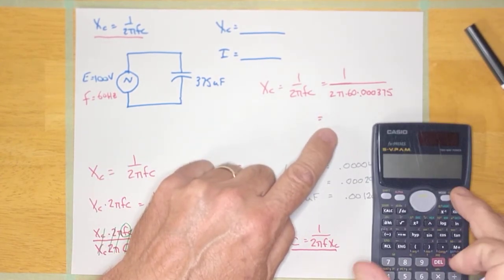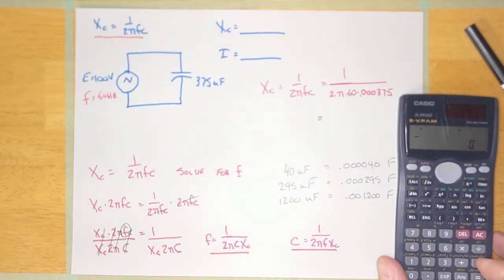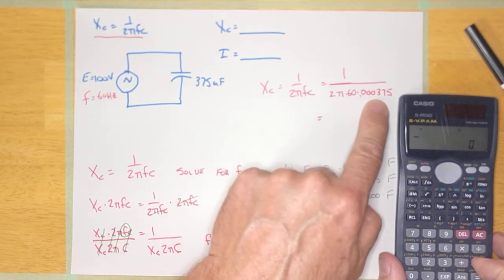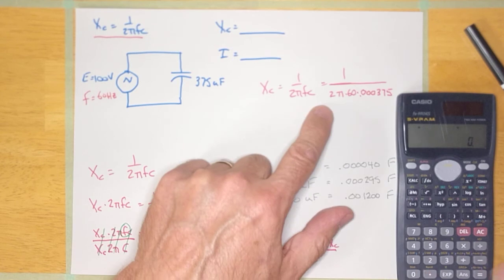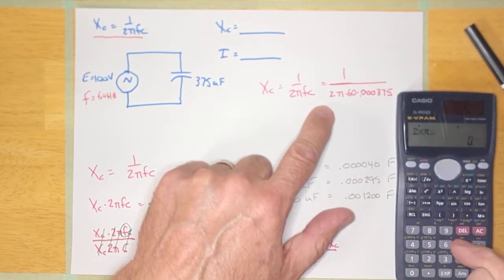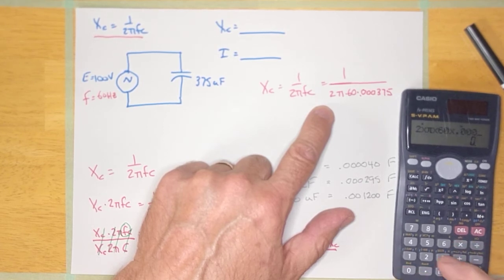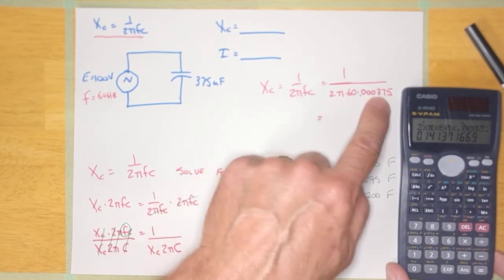Now, let's do XC. There's a bunch of ways I could do this, guys, and I'm going to show you the Van Andel way, always the Van Andel way, okay? You can do it however you like, but I always pound all the stuff on the bottom in, and then I hit the 1/x button. So I'd go 2 times pi times 60 times 0.000375, and then I would hit equals. That is all that, okay?